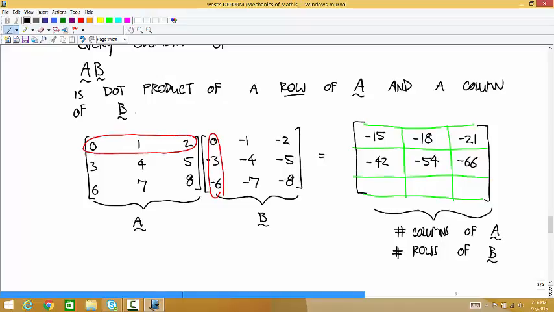And then the last row, we had 6 times negative 2, plus 7 times negative 5, plus 8 times negative 8. That's impossible to do with the human brain. What's that?